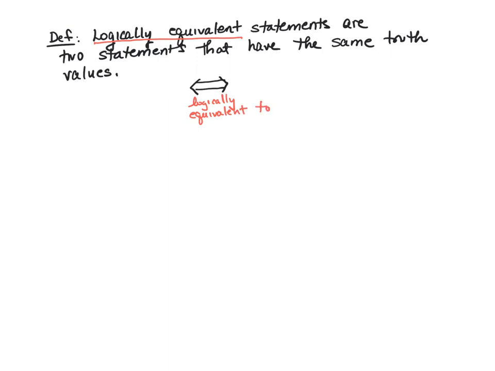So on the previous page, we proved two logically equivalent statements. P is logically equivalent to its double negation, and not P is logically equivalent to its triple negation.